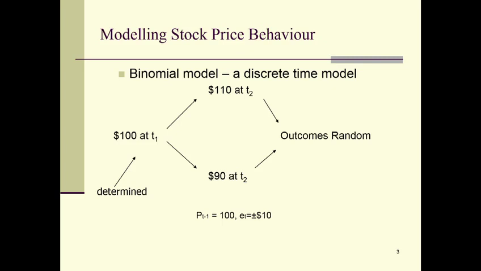Where is the certainty? It can either go up or go down, right? And it can go up first and continue to go up, or it can go up first and then come down, or it can go down first and then go up, right? So there are many possibilities, right? So there's uncertainty, right? So therefore, a binomial model, notwithstanding that we call it a discrete model, is also a stochastic process.